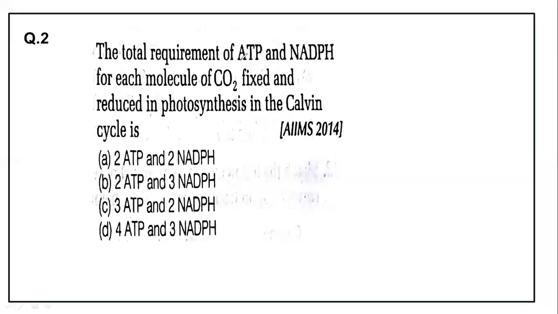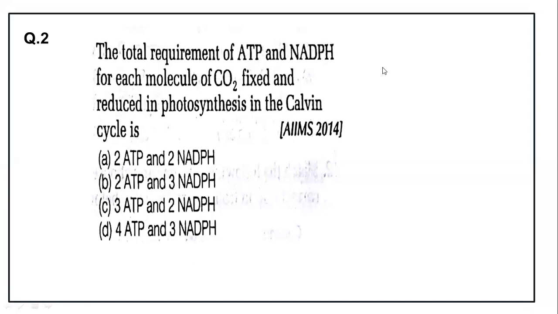The total requirement of ATP and NADPH for each molecule of carbon dioxide fixed and reduced in photosynthesis in the Calvin cycle.